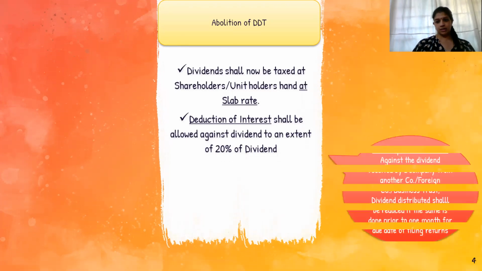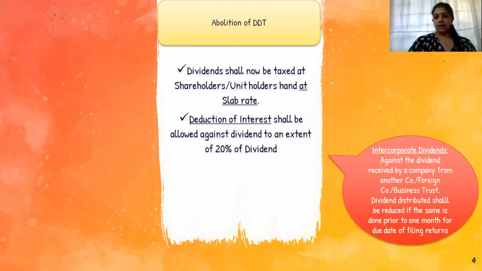The next point of consideration would be intercorporate dividends. Against the dividends received by a company from another company, foreign company, or business trust, dividend distribution shall be reduced if the same is done prior to 1 month of due date of filing returns under Section 139(1).